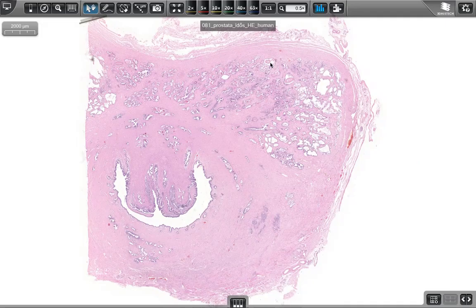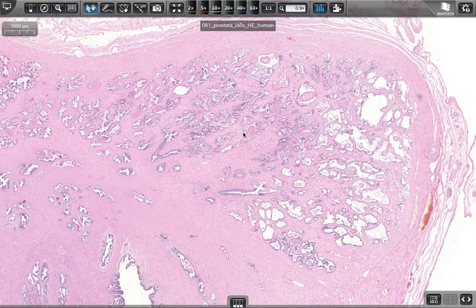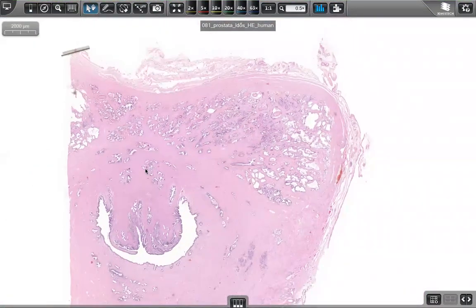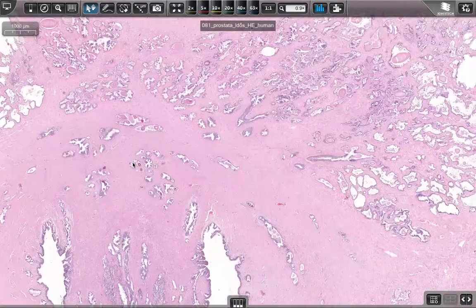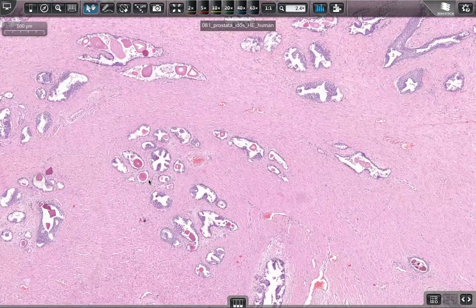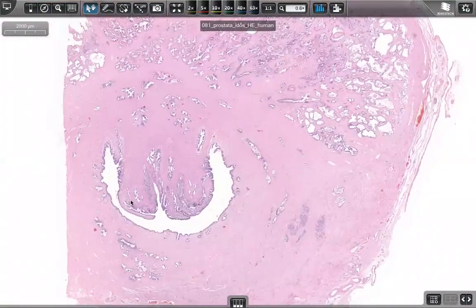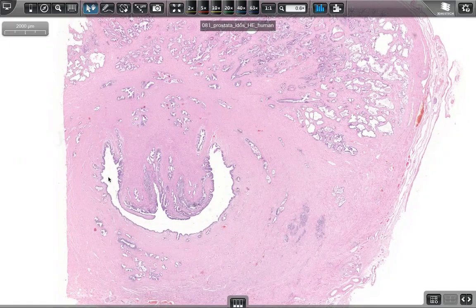The lumens contain amyloid bodies. These are degradative materials inside. Then we have submucosal glands. They can also show concretions, this kind of amyloid bodies. So submucosal glands, mucosal glands, and also there is the lumen of the prostatic urethra.